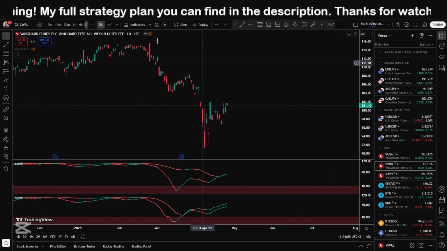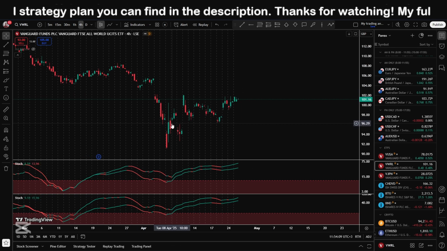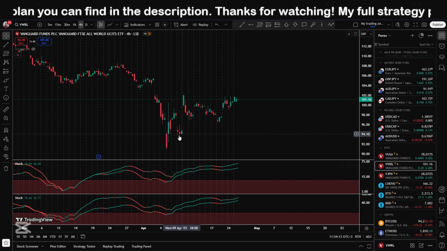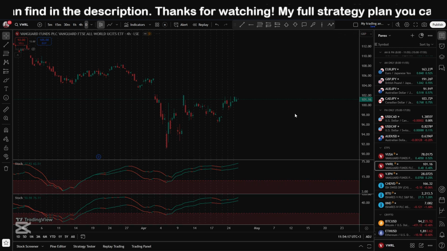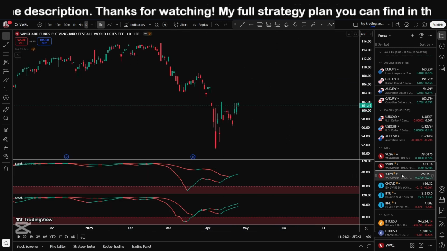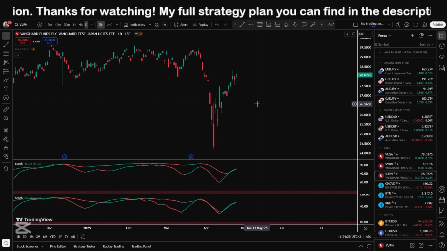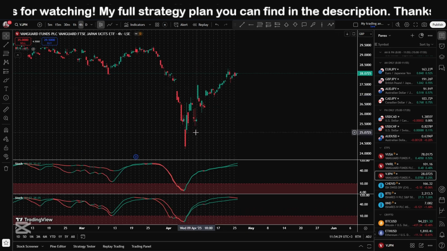FTSE overall, again, like S&P 500, price is above the oversold zone, daily time frame too. Japan ETF, and here the same.